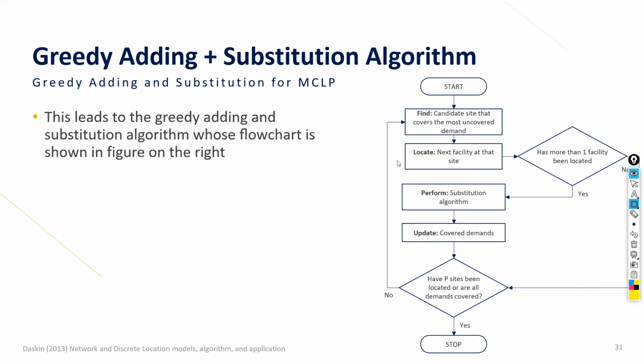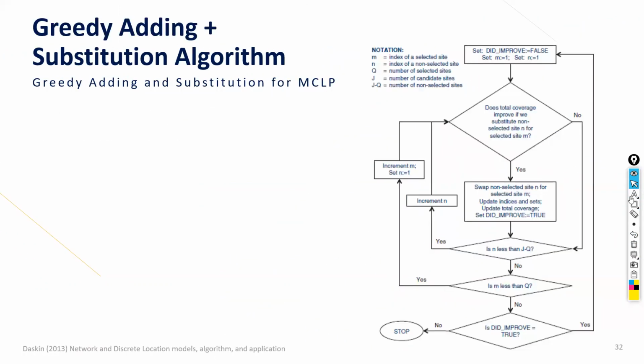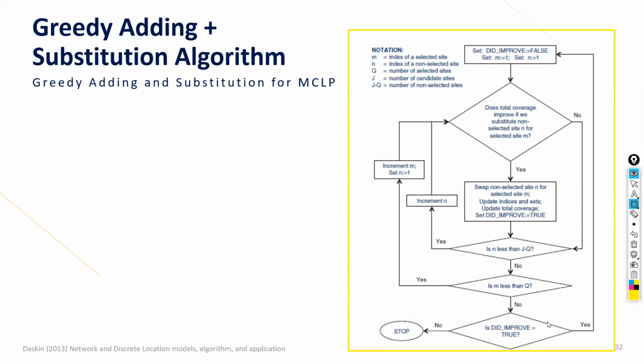Instead of only locating and updating, you now perform the substitution algorithm after you locate, to see whether it can be improved or not. How does it work? I will not explain in detail, but basically it tries to substitute one facility with another one by one and finds the best improvement it can.